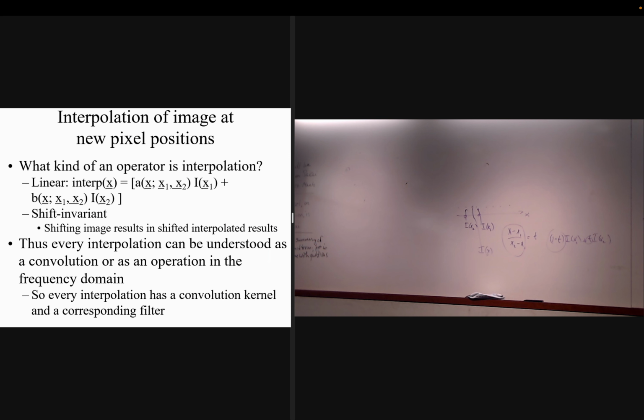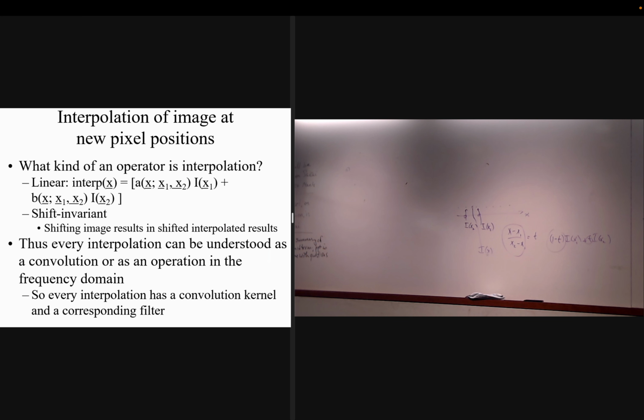I'm a bit confused on how it's shift invariant, because couldn't you shift it so that all the points are already where you know the intensity value, so you don't have to interpolate at all, and that would be different than interpolating and then shifting?